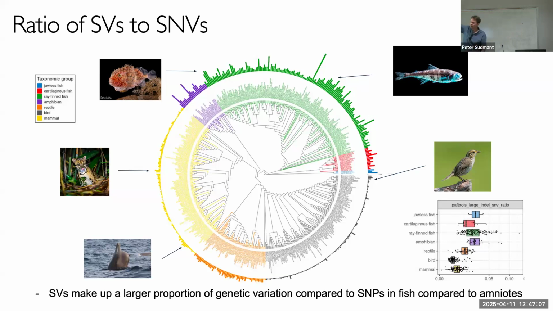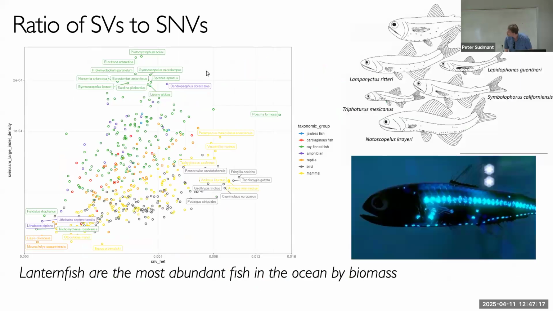So it turns out all of these fish that have the largest numbers, these guys here, are all from the same massive clade called lantern fishes. These lantern fishes, which glow in the dark underwater, have more structural variation diversity than any other species on Earth.